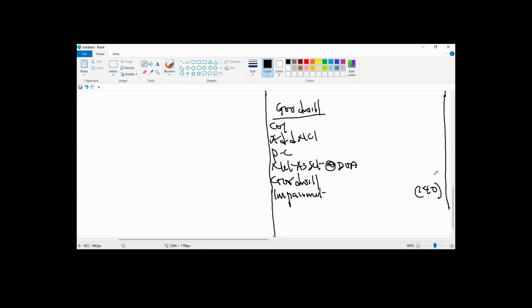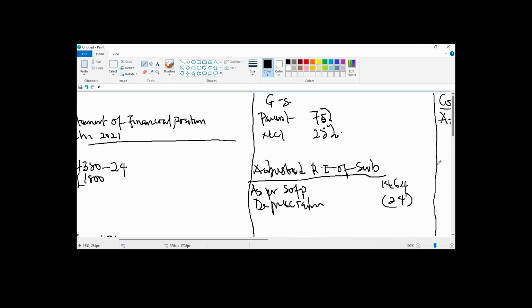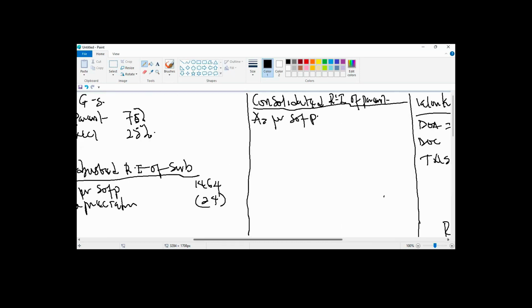Then the second leg: parent and NCI will share the impairment based on the group structure. Impairment: $140 times 0.75.